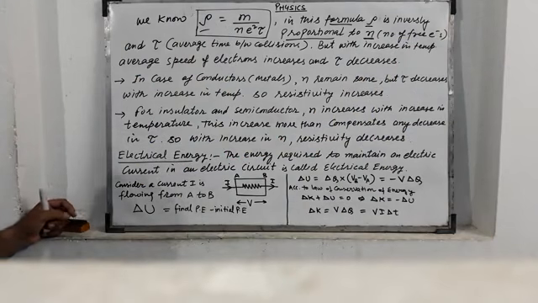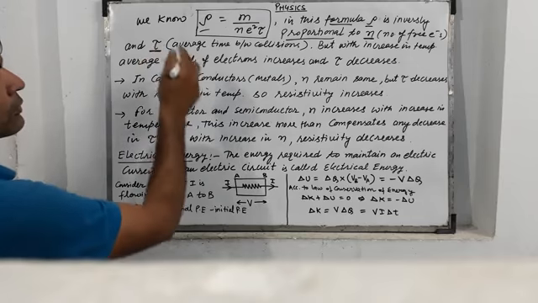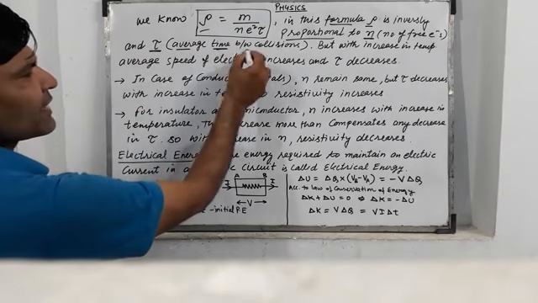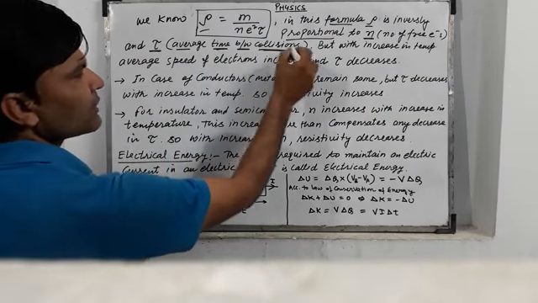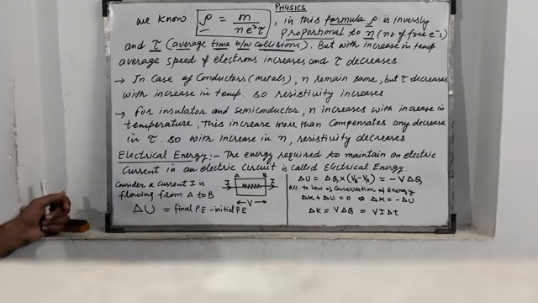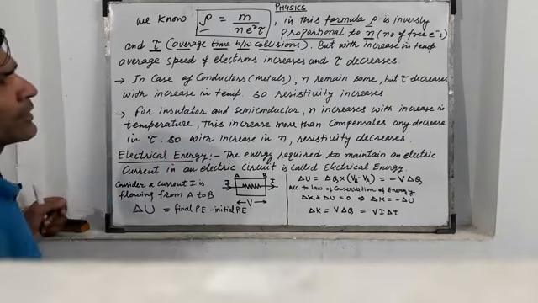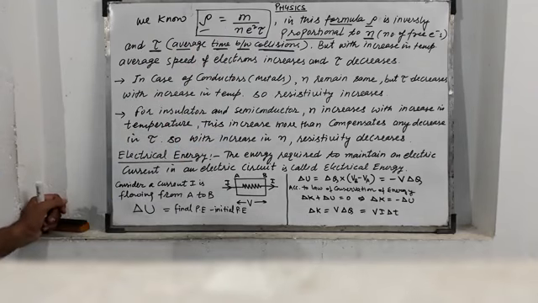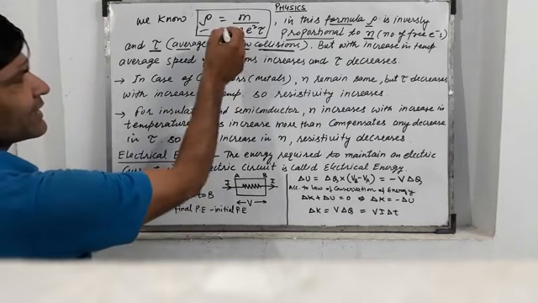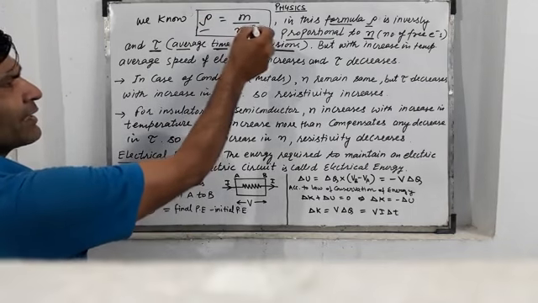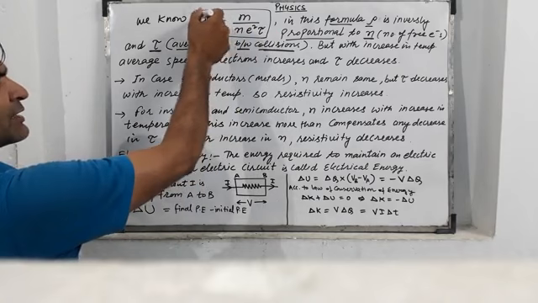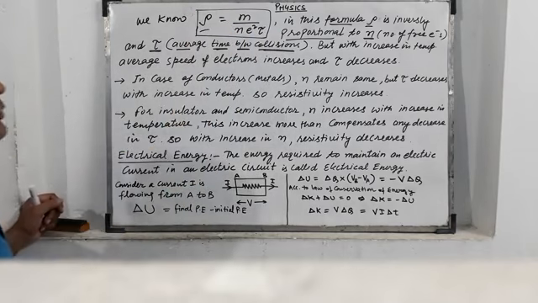And tau is the average time between collisions. When electrons move in a conductor, they collide, so tau is the average time between collisions. So n and tau are both inversely proportional to rho.